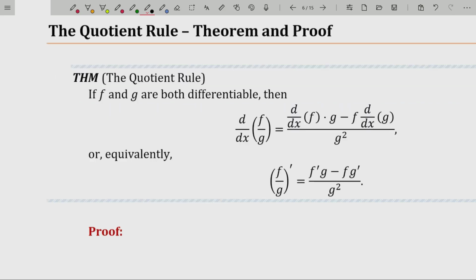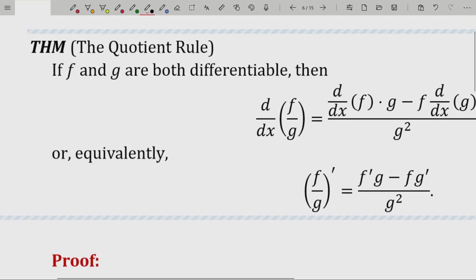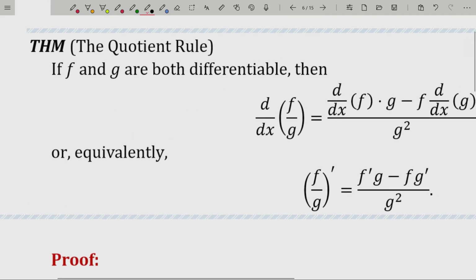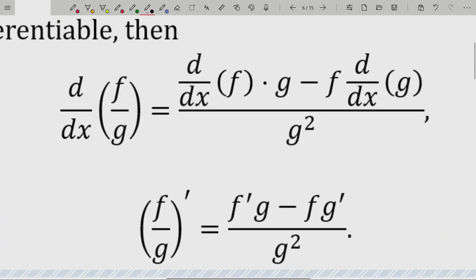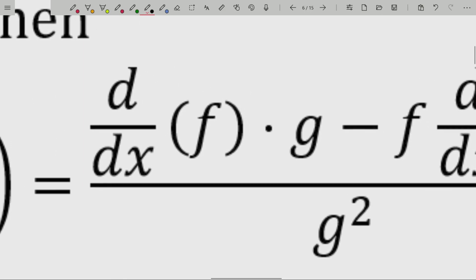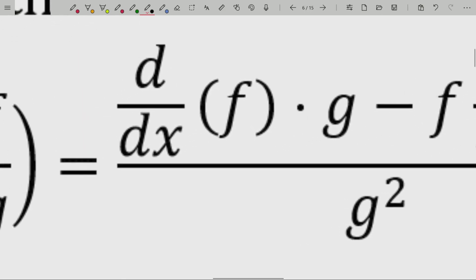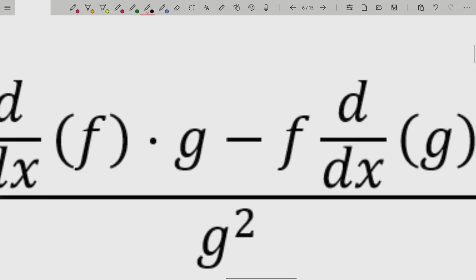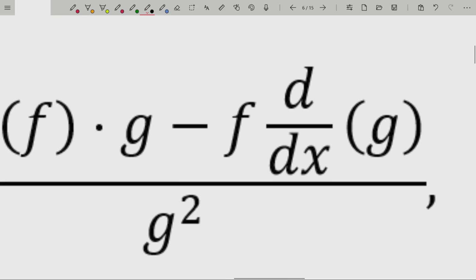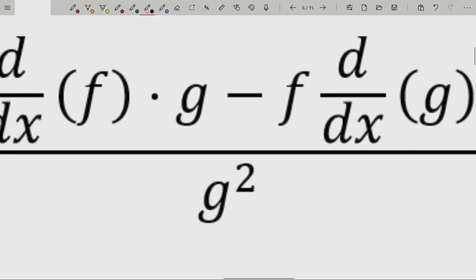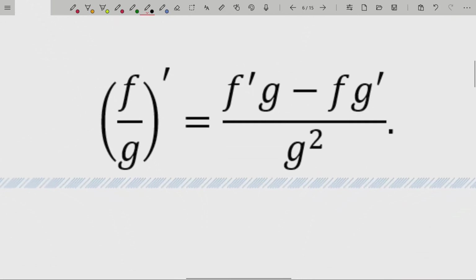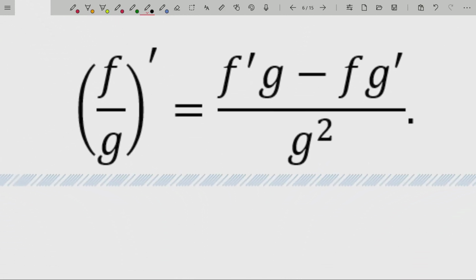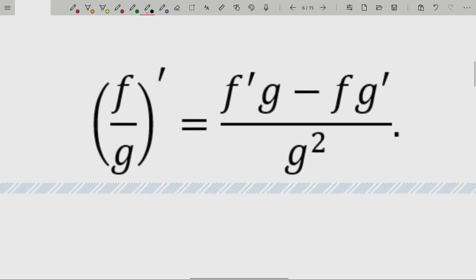Well, the quotient rule tells us that if you have two differentiable functions, f and g, then the derivative of their quotient is f prime g minus fg prime, all over g squared. In Lagrange notation, the derivative of f over g is f prime g minus fg prime over g squared.